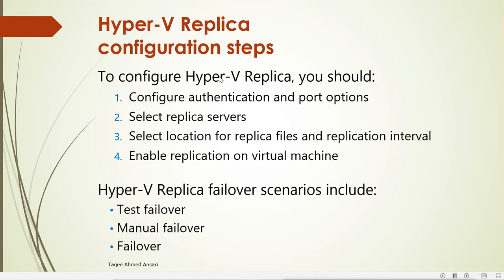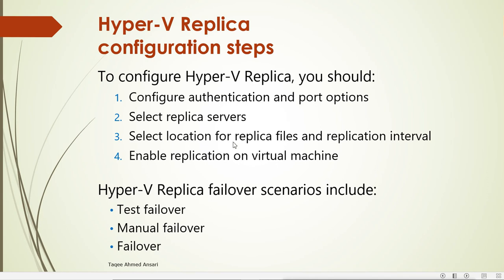Now these are the configuration steps for configuring the Hyper-V replica. To configure the Hyper-V replica, first configure the authentication and port options. First we have to configure the authentication between both the servers. Then select the replica server where we are going to create the replica.